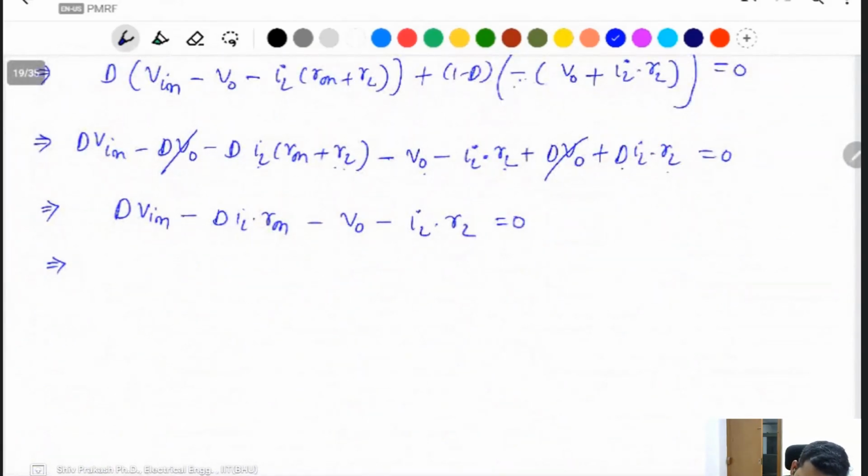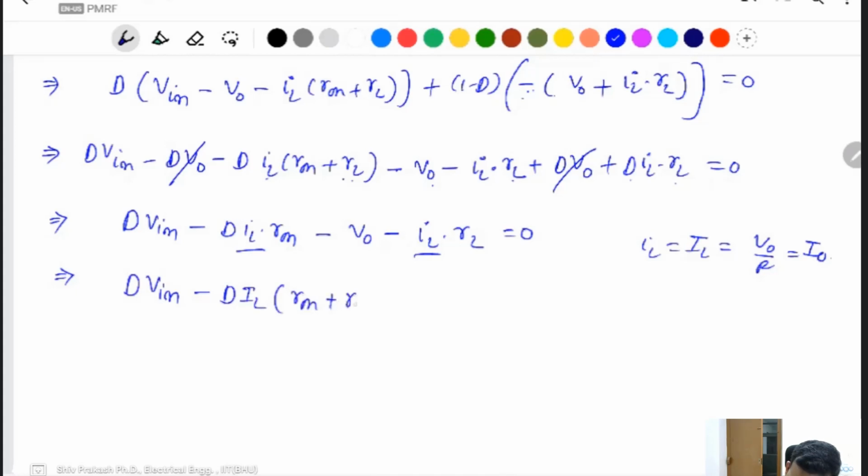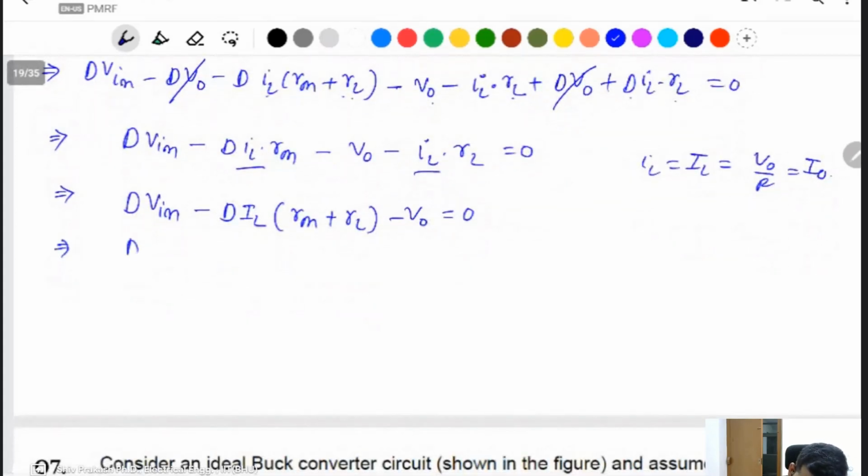That's why I replace IL, the average value, with Vo by R, because IL is the same as Io. So D Vin minus D (Vo by R)(R on plus RL) minus Vo is equal to 0.